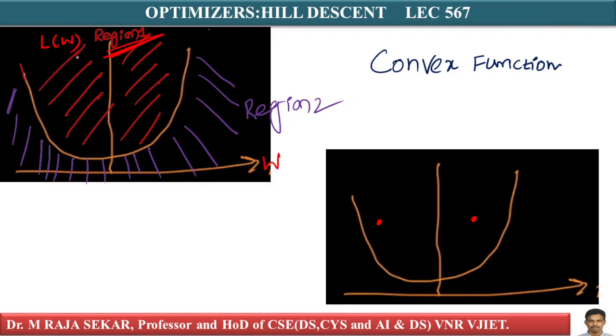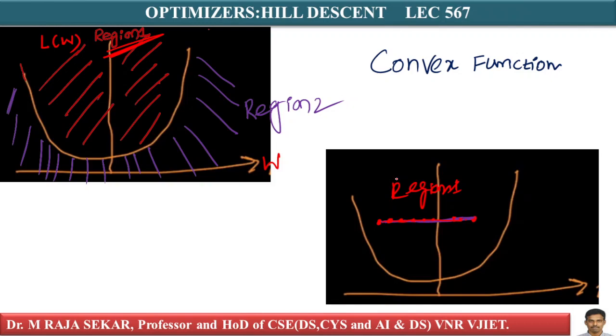If you connect them through a straight line, and all the points on the line lie in the same region, then it is called a convex function. Just see, if I join these 2 points, this is the resulting line. Every point on this line lies in the same region, that is region 1. Therefore, I can say this particular function is a convex function.